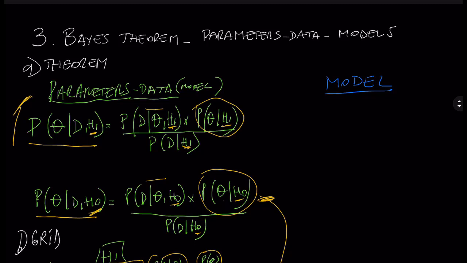Now, I'm going to write down a Bayes theorem, but we want to know what's the probability of the model of the alternative hypothesis after observing the data. Probability of model of the alternative hypothesis given that I observed data.